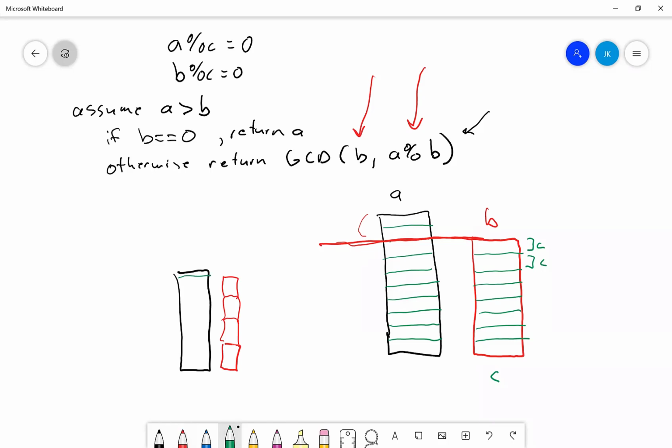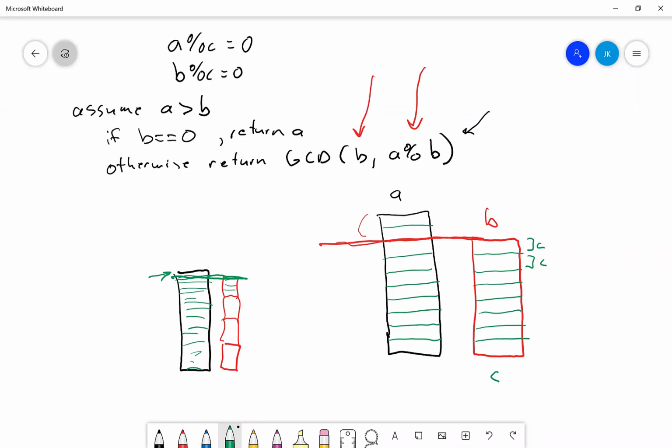If something divides A, I'd still have all of these divisions. These would still line up exactly, and whatever is left over in A mod B is still divisible by C.